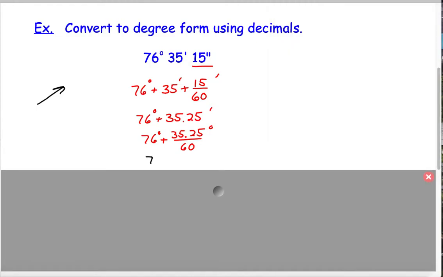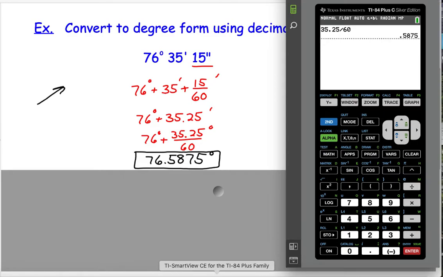Let's see if I remembered that correctly. Yeah, 76.5875. So 76 degrees, 35 minutes, 15 seconds is the same as 76.5875 degrees.